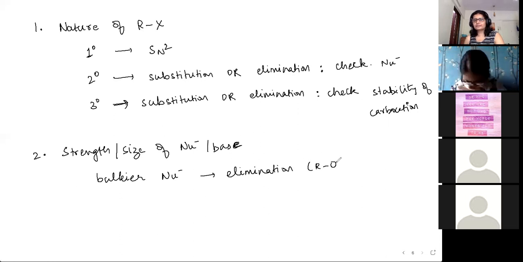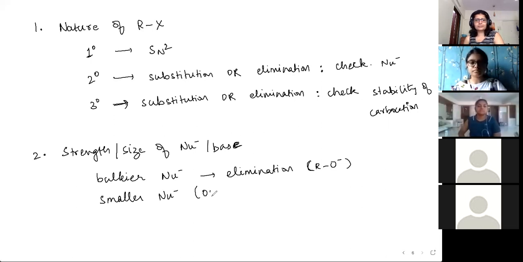The base that is formed is RO minus, not capable of replacing. And if it is a smaller nucleophile, like in the case of aqueous KOH, for example OH minus, simple stuff, then it'll go with substitution.